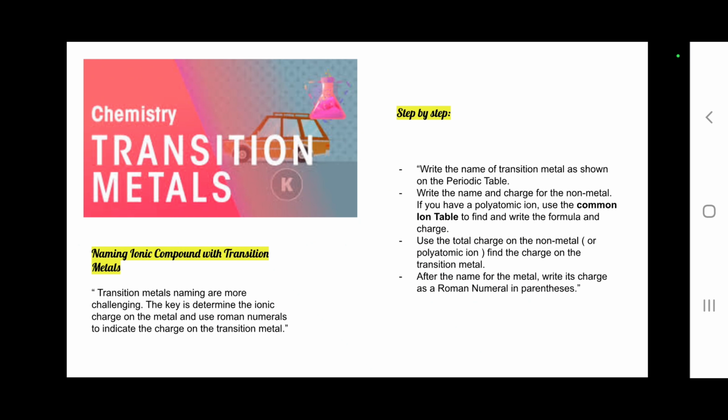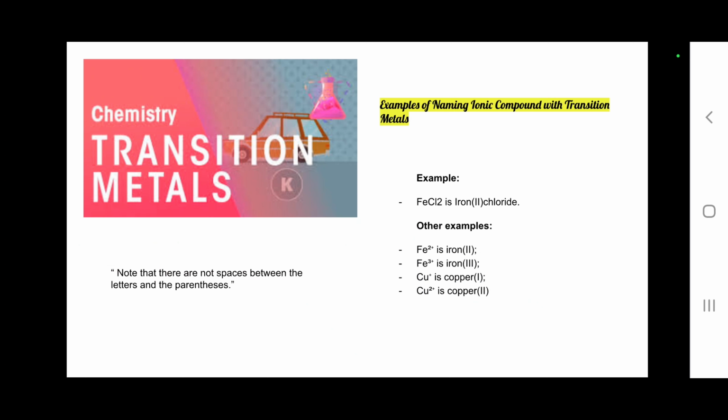After the name for the metal, write its charge as a Roman numeral in parentheses. Note that there are no spaces between the letters and the parentheses.